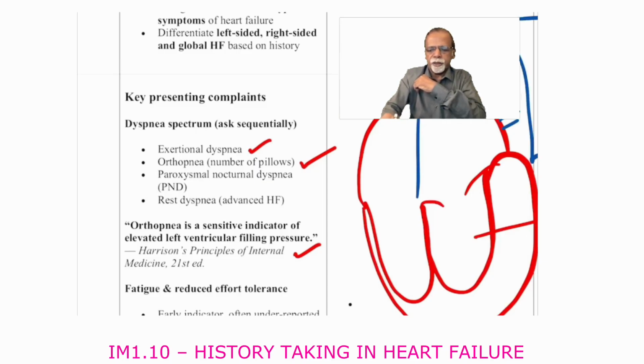The lungs get congested, and as per Starling's law, fluid translocates into the tissues, the lung gets interstitial edema and later, alveolar edema. So remember, dyspnea in heart failure is due to pulmonary venous congestion that produces interstitial edema and pulmonary edema.